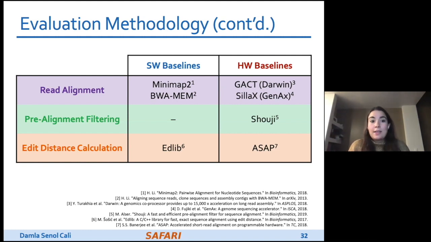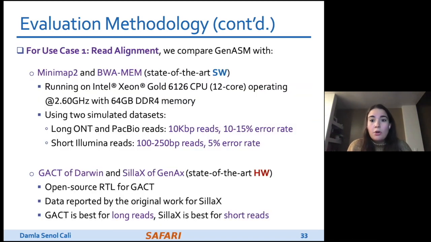And for edit distance calculation, as a software baseline, we compared against Edlib, which is a software-based edit distance calculation library, and ASAP, which is an FPGA-based accelerator for edit distance calculation. So I won't go into details of our evaluation methodology for each use case, but you can refer to the slides later or our paper for more details.